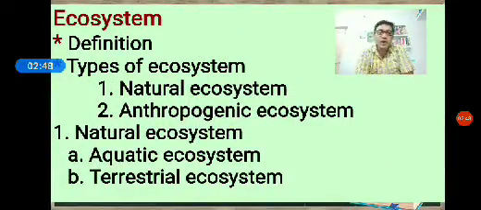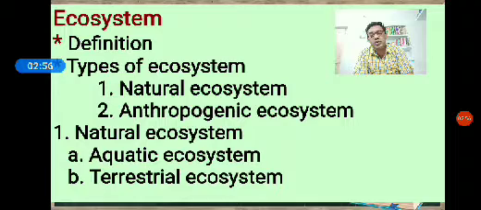Coming to the first one, definition of ecosystem. Ecosystem is defined as a functional unit of nature where biotic and abiotic components interact to maintain continuous flow of energy and cyclic movement of nutrients.